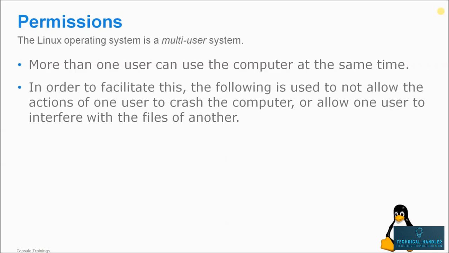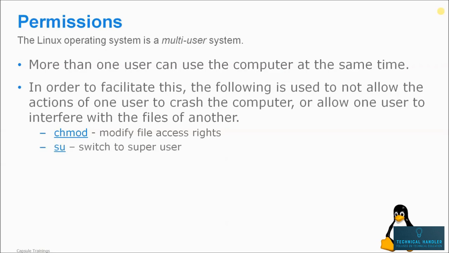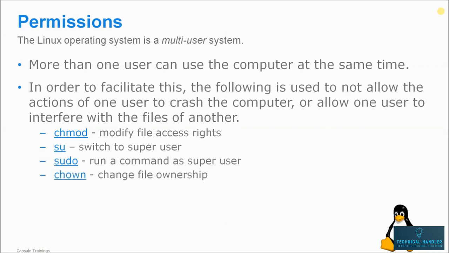So in order to facilitate this, the following is used to not allow the actions of one user to crash the computer or even allow one user to interfere with the files of another user. So we have five main commands. We have the change mod command, or chmod command, which modifies the file access rights.